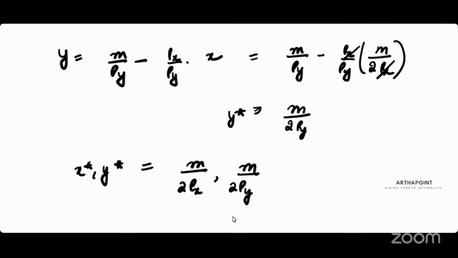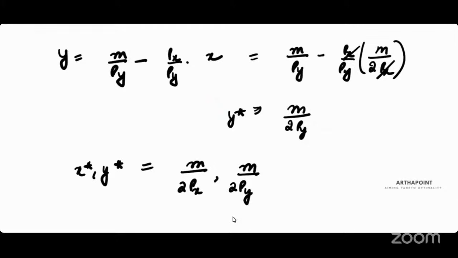Simple. From the budget line, you found the value of y, substituted that y back in the utility function. The entire utility function was only in terms of x.